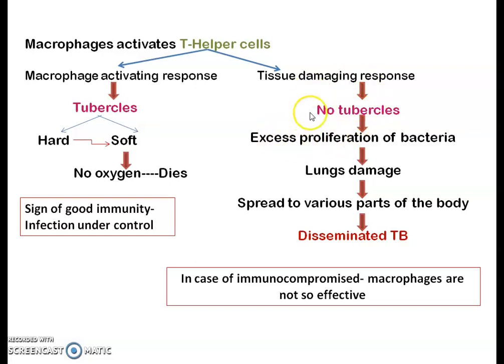Then excess proliferation of bacteria will be there, then the lungs will be damaged, and after this lung damage, they may spread to various parts of the body, leading to disseminated TB. Disseminated TB means tuberculosis in all parts of the body. Clear?